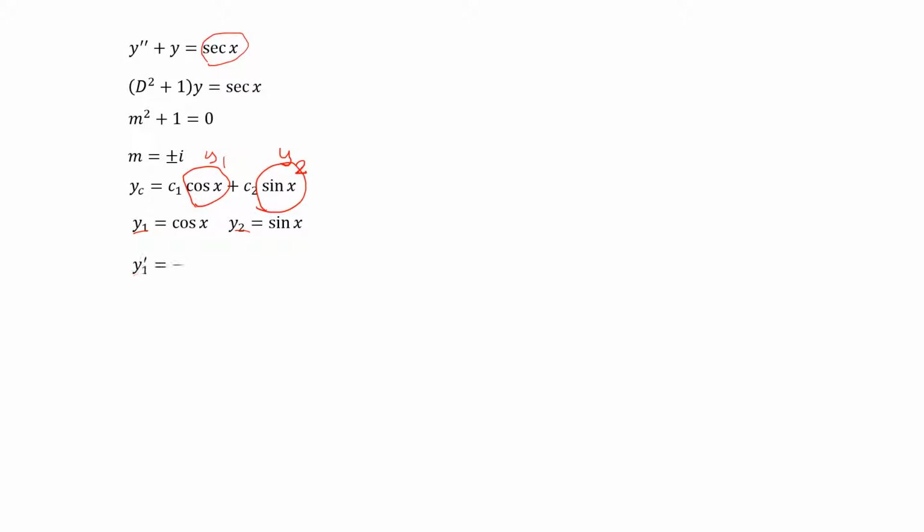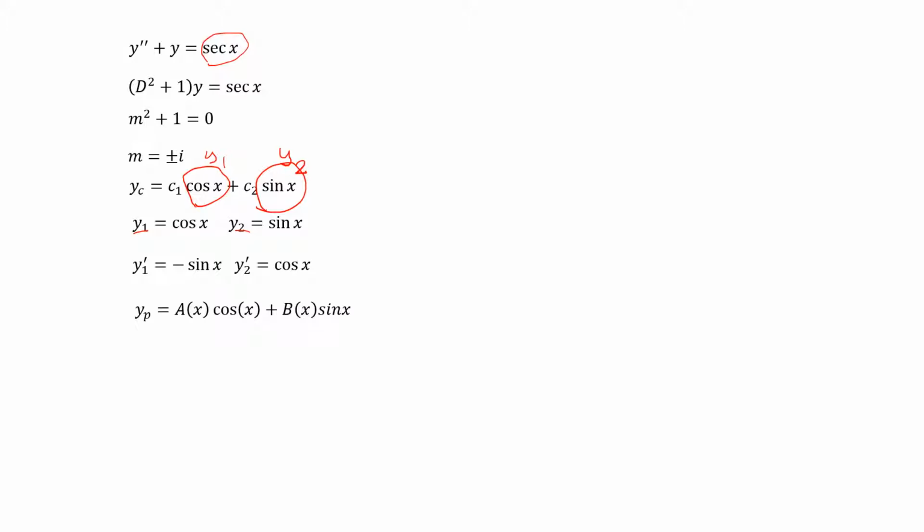Now for your particular solution, get y1 prime first and y2 prime. We will use this later. Then your particular solution is a of x cosine x plus b of x sine x.